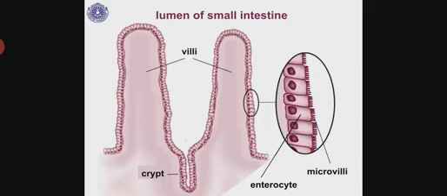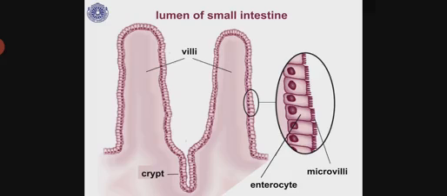So this is one of the sectional views of the small intestine, particularly the villi part. Villi are the small microscopic hair-like projections arranged on the epithelial cells of the small intestine, that is enterocytes. And as you observe here, there are certain deepward projections, and these are called crypts or crypts of Lieberkühn.